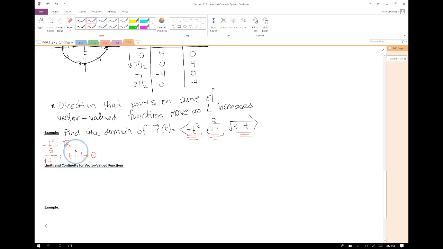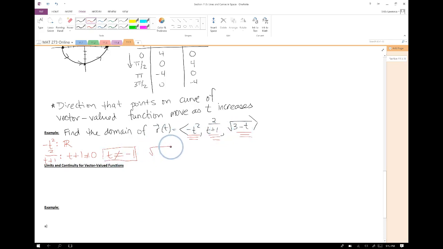So if we set t plus 1 equal to 0 and solve it, we see that t cannot equal negative 1. That's not our final answer, but I'm boxing it because we need to remember it for the end.